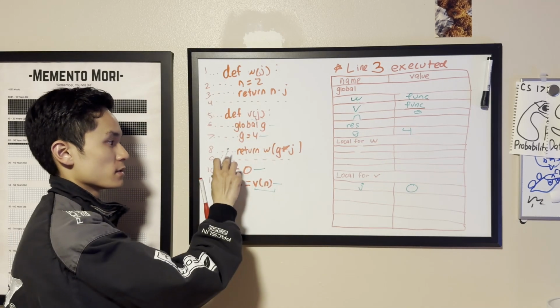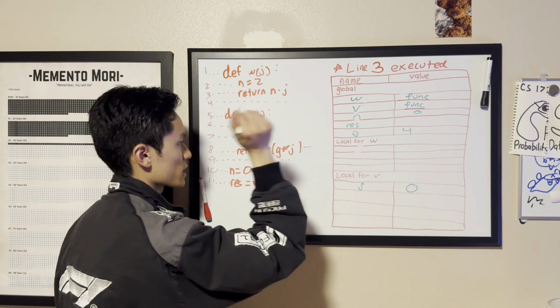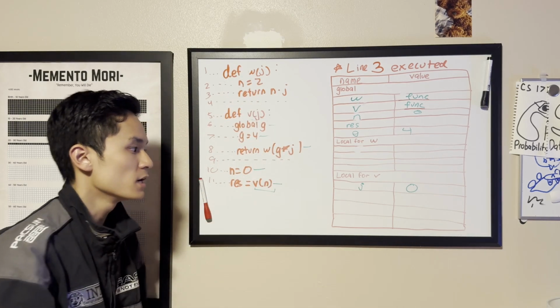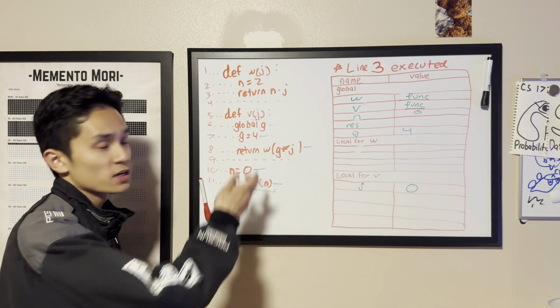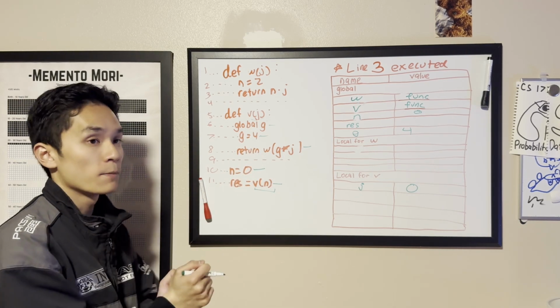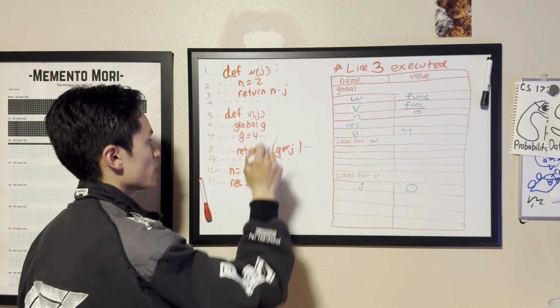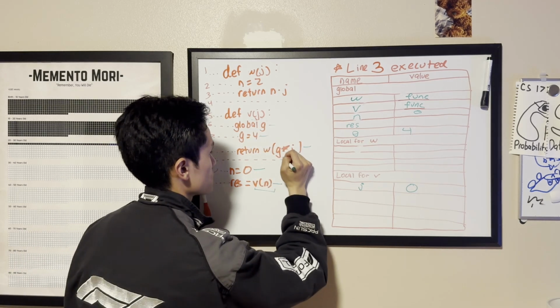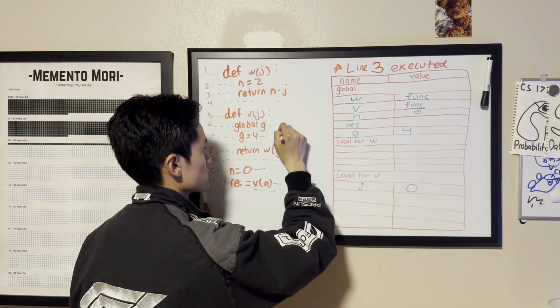The next line of code is return w of g times j, so we execute that. As of now, that is all the local values we see for v because we finished executing it. But we have to see w of g times j, and g times j is the same thing as 4 times 0. So at the end of the day, this entire thing is just w of 0.